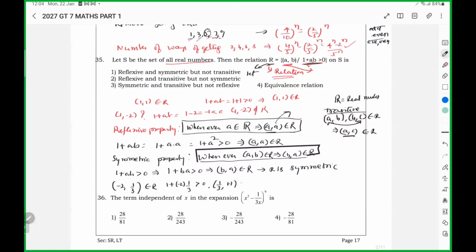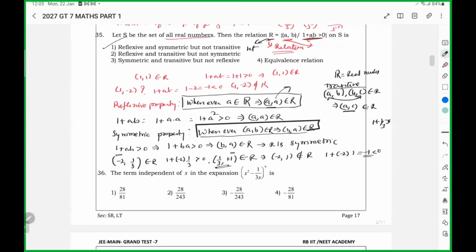So now these two are positive, which obviously belongs to R because 1 plus 1/3 is positive, this ordered pair will be there in the relation. Now A, B, B, C. Now if I consider minus 2 and 1, this won't be there in R because 1 plus minus 2 into 1 is not positive, it is negative. So it is reflexive, symmetric, but not transitive.